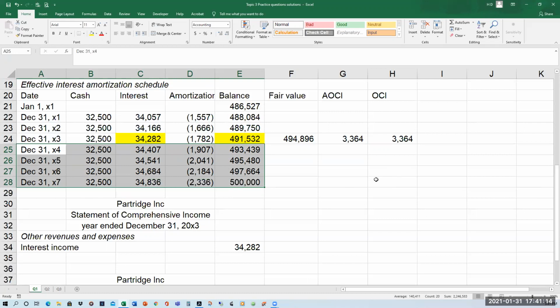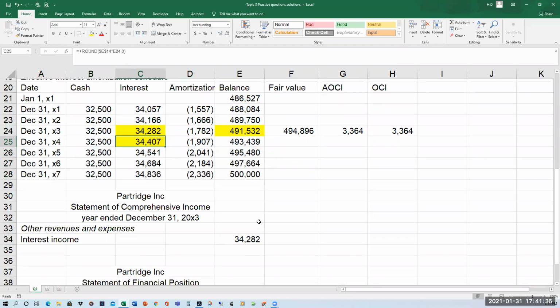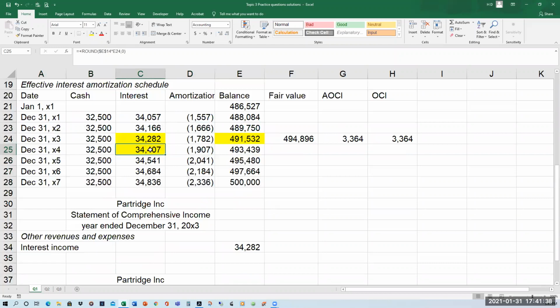That's not correct. The effective interest amortization continues as it was from before. We have just made a reclassification from amortized cost to fair value other comprehensive income. We will continue to report interest income using the original effective interest rate. So for year 4, our interest income will be 34,407.